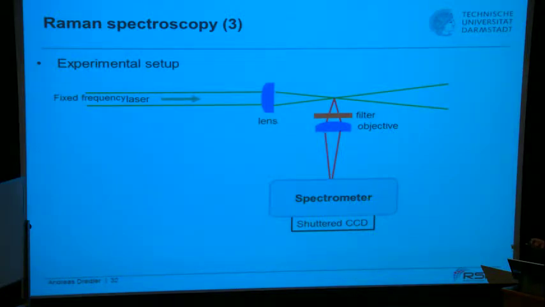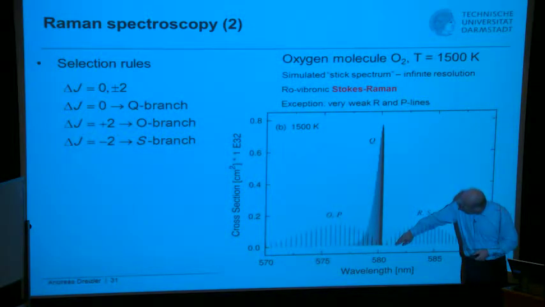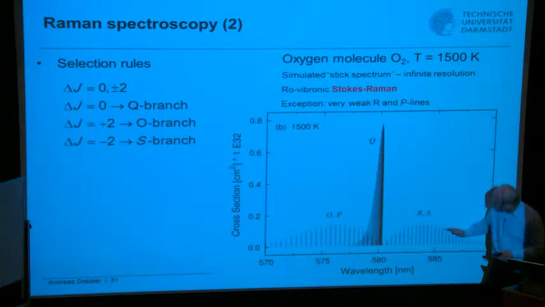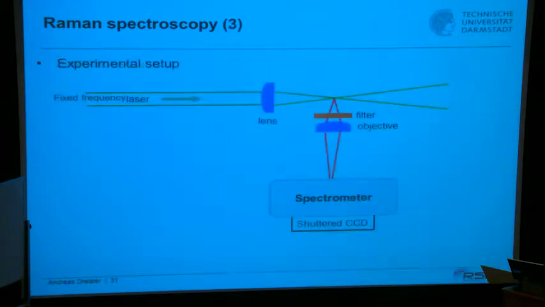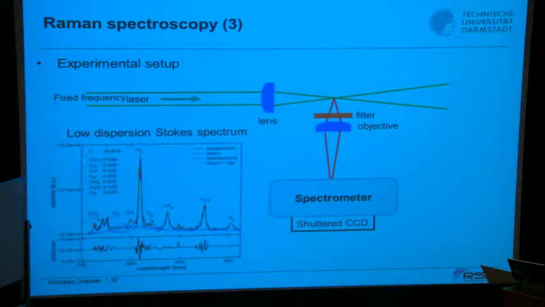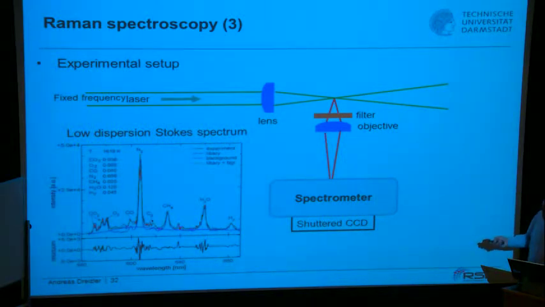But what you need here is a spectrometer, because now you have to distinguish the different spectral locations of your scattered Raman signal. And that means you do need a spectrometer before detection. And very often this spectrometer is chosen in combustion diagnostics with a low resolution, such that you might end up here with a low dispersion Stokes spectrum, where we take, for example, the N2 line, or the branch.